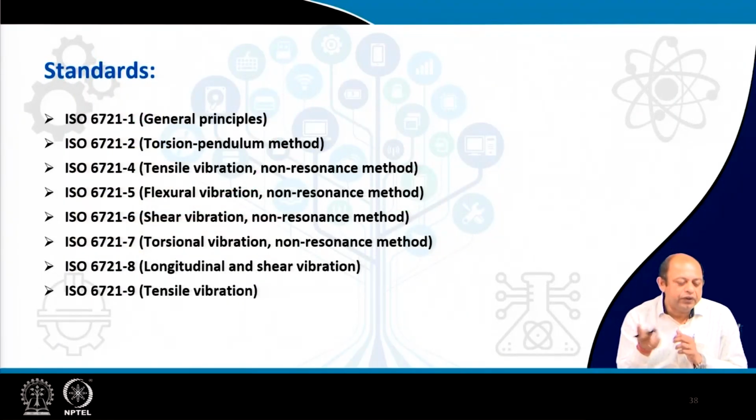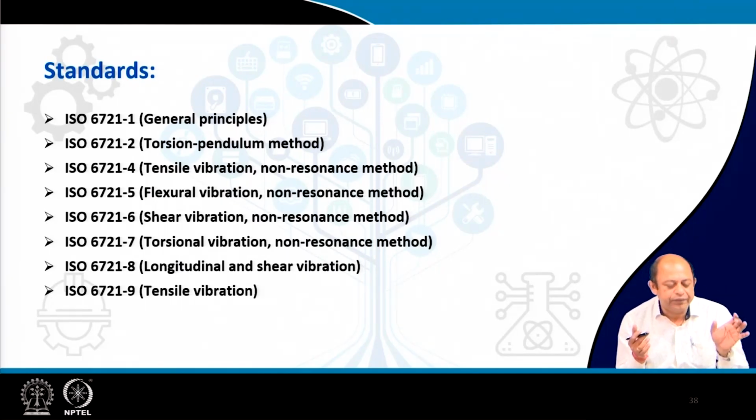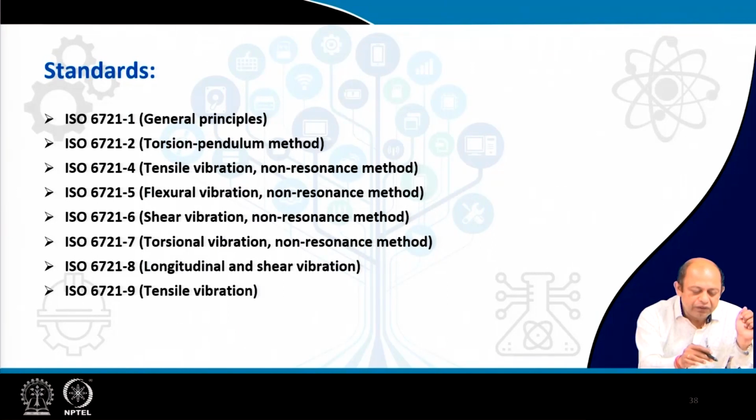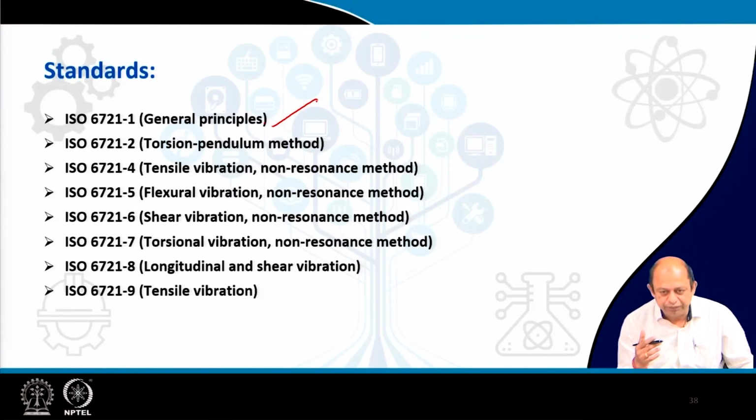Before we go into that, the methodology and processes are well depicted in different standards. These are the ISO standards, where the general principle is elaborated, then torsional pendulum, and different DMA modes that I did not talk about are given: shear vibration mode, torsional vibration mode, longitudinal and tensile vibration mode, and how you do it.